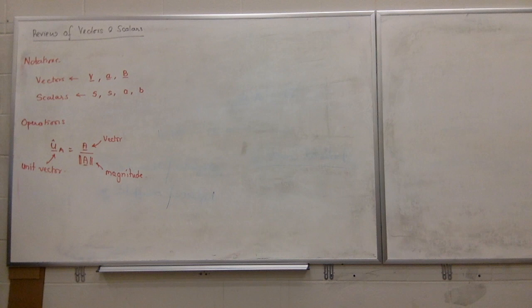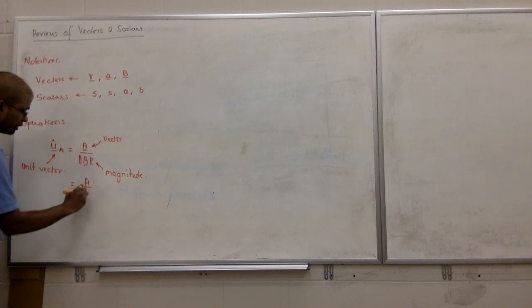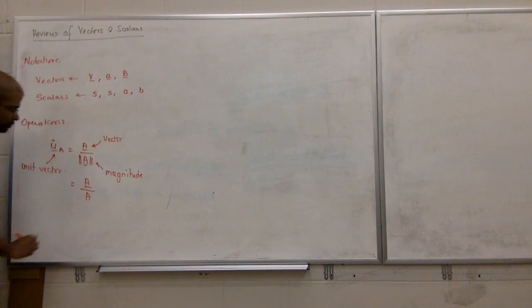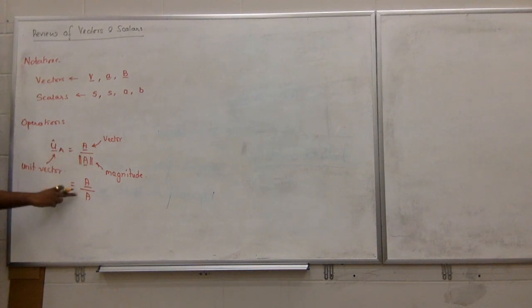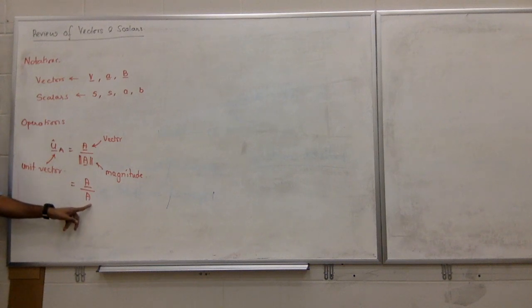So the 2 lines represent magnitude. What was the question you asked? What is the magnitude of a unit vector? This becomes this. Does that make sense? The magnitude of a unit vector is 1.